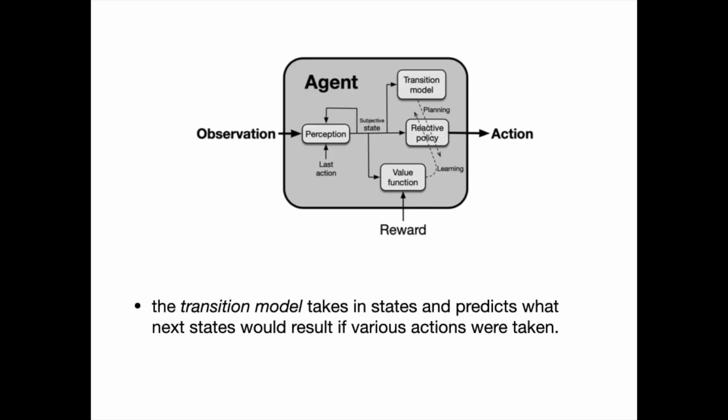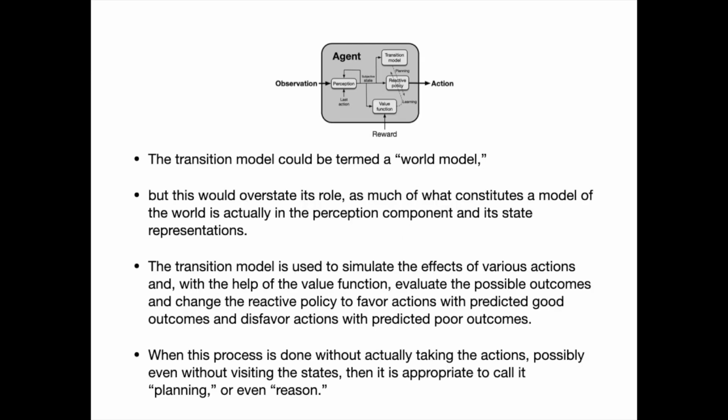The transition model takes in states and predicts what next states would result if various actions were taken. The transition model could be termed a world model. But this would overstate its role, as much of what constitutes a model of the world is actually in the perception component and its state representations.